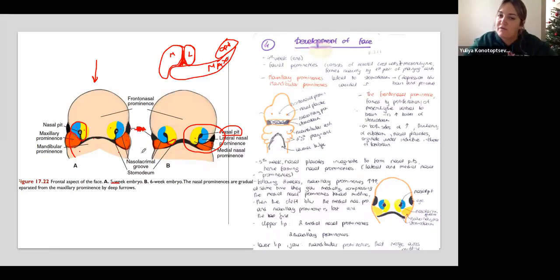So how do we make a face? By the way, whenever they ask you, when did the structure arise, which week did this organ or structure start to appear? In approximately 80% of the cases, you can say 4th week and you will be right.